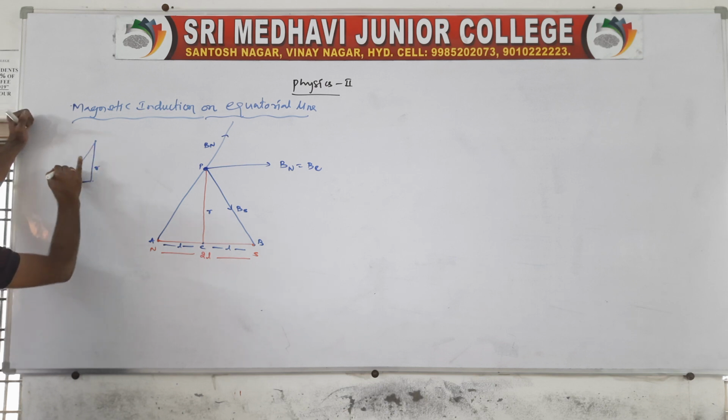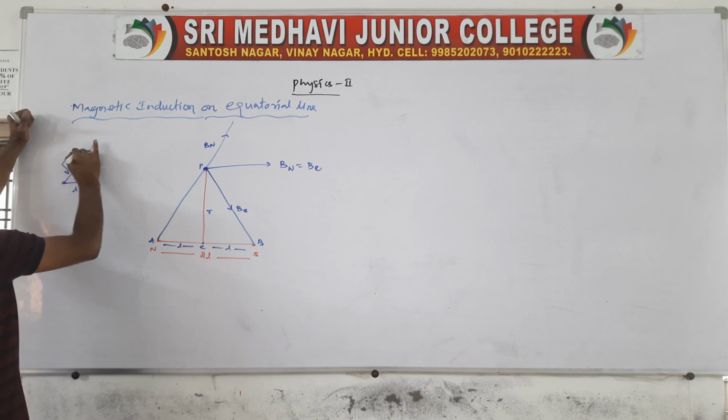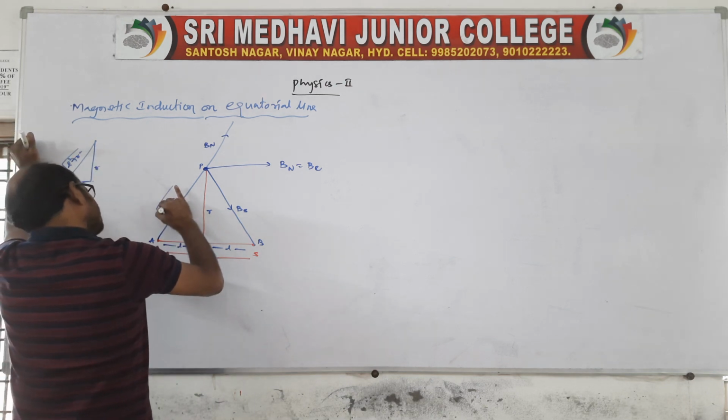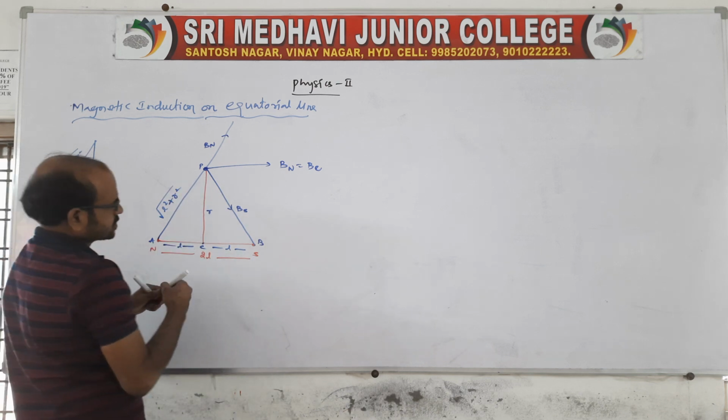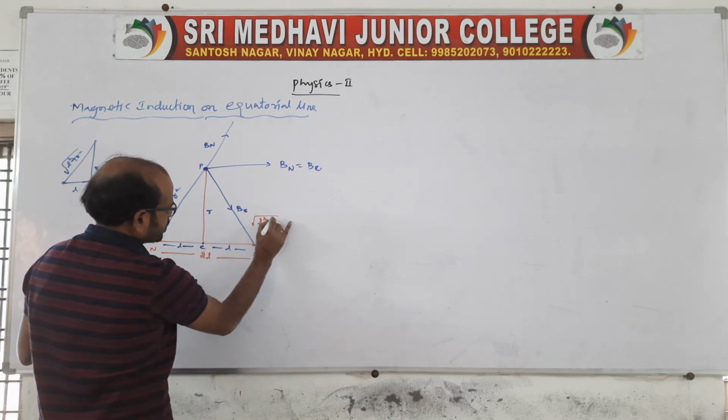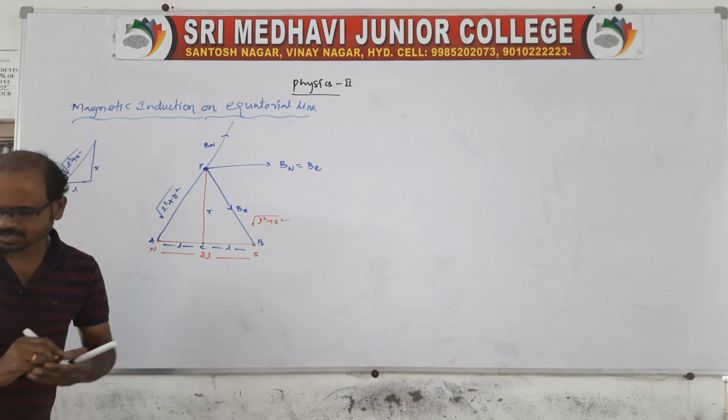According to the right angle triangle, this distance will be root over L square plus R square. Of course, this is also the same in the other triangle, so we write L square plus R square.